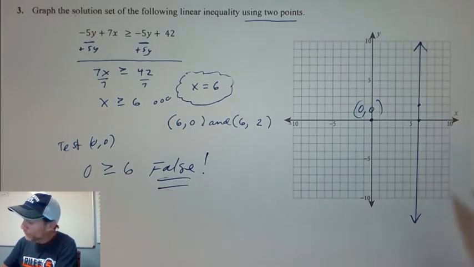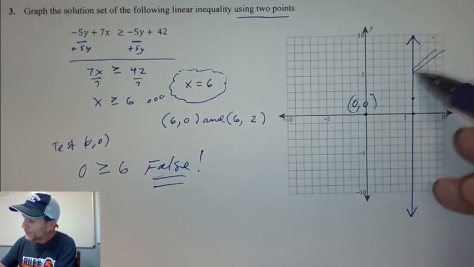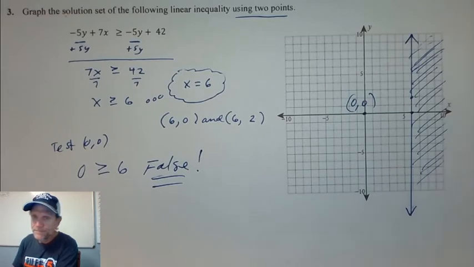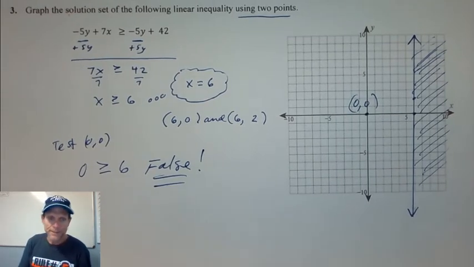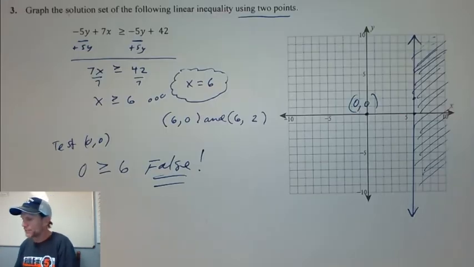And therefore, I don't shade this side. I end up shading this side of the line. So we see that we come up with the same thing that we got in Desmos. So let's go on and look at the last one in 8.6 here.